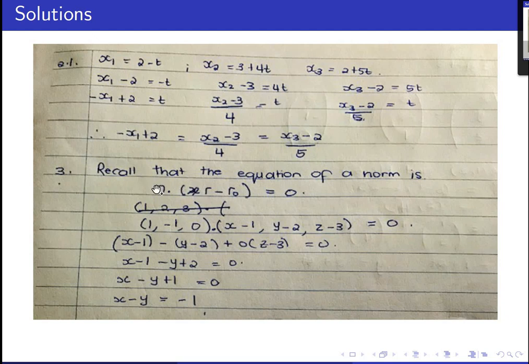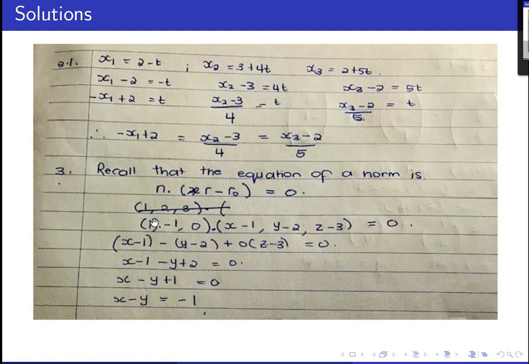We know that the equation of a plane is n dot r minus r naught equals 0, where r is x, y, z, arbitrary, and r naught is a given point. So our norm here is 1, -1, 0. We subtract r naught from r to get x minus 1, y minus 2, z minus 3.